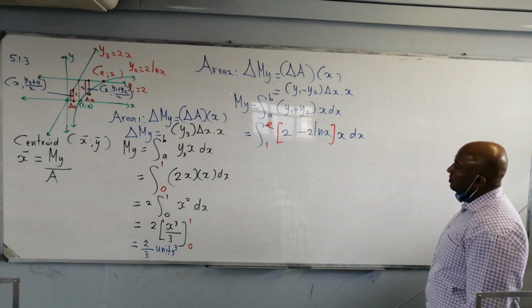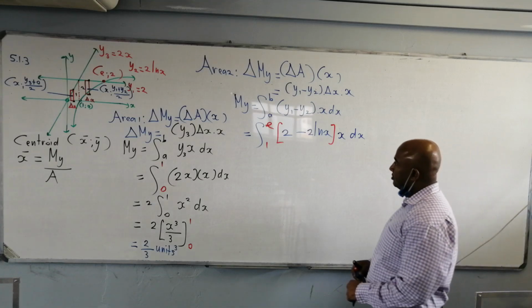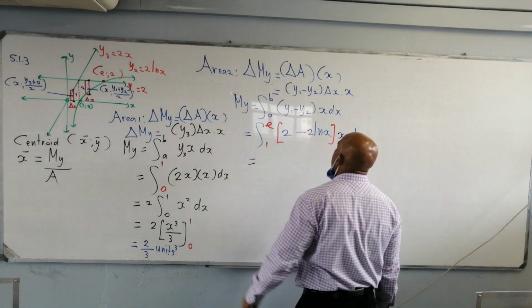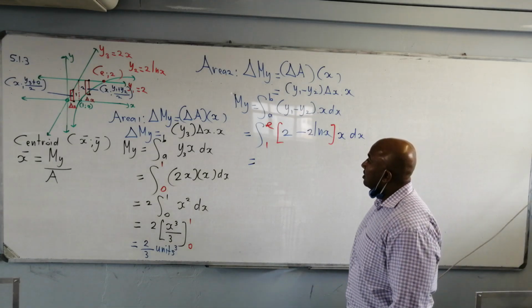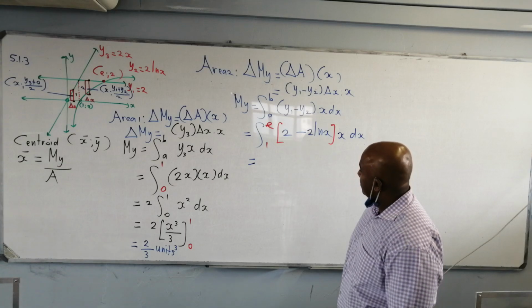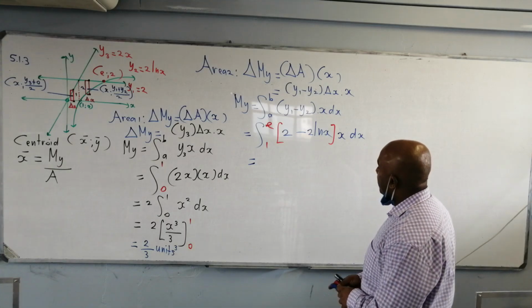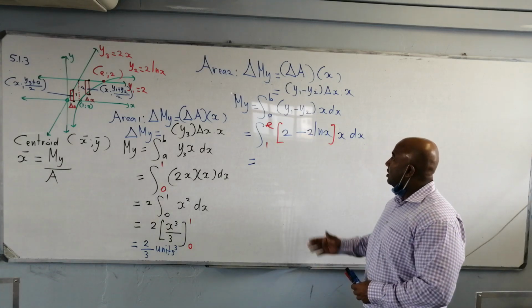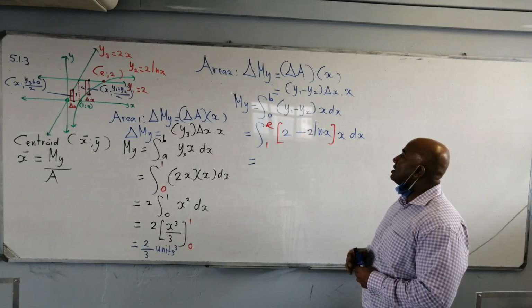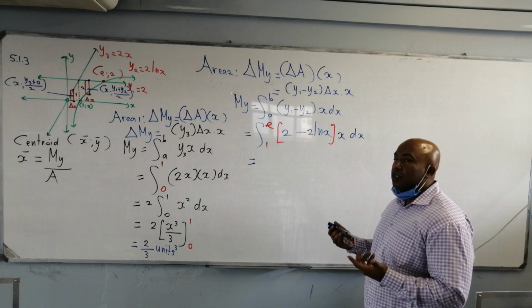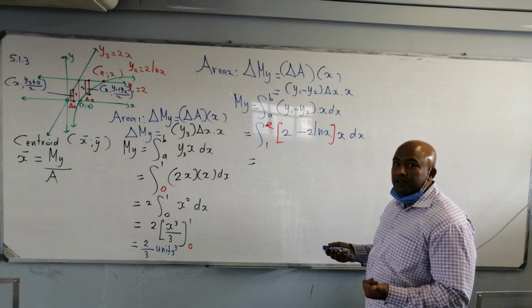Right, so now let's integrate this. This is integration by parts again. How do we know that? Because x is being multiplied by x. If you want to separate this into two problems, you can.